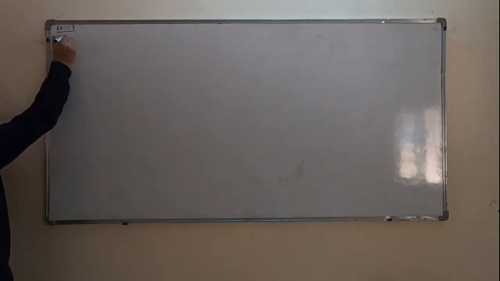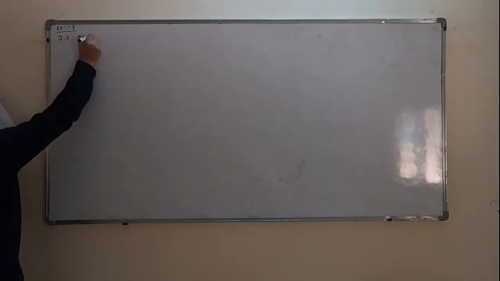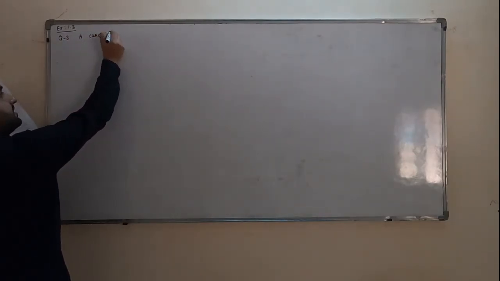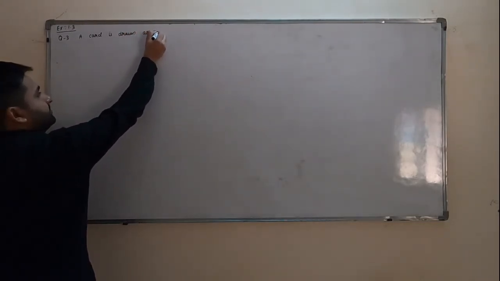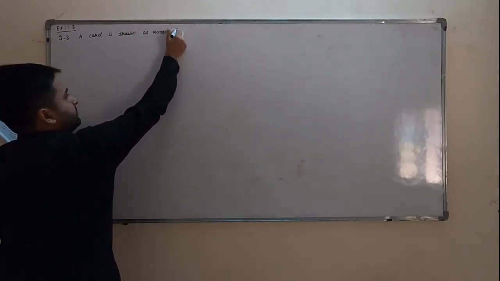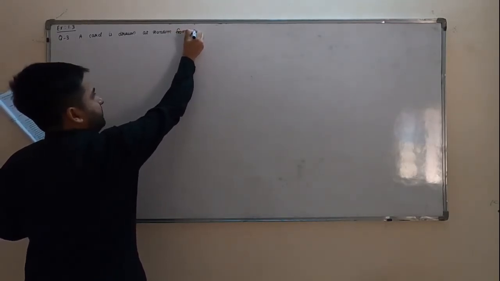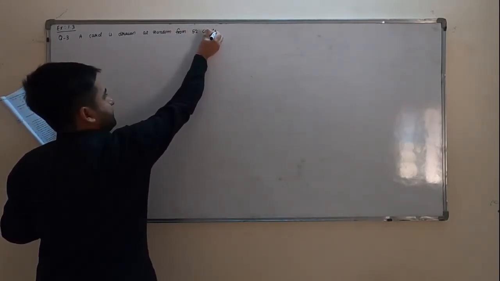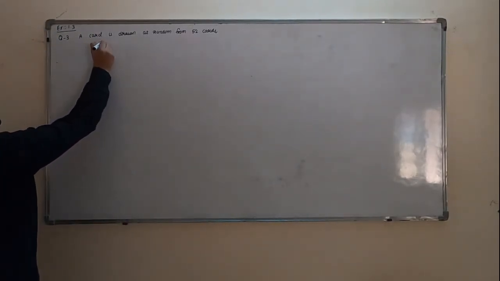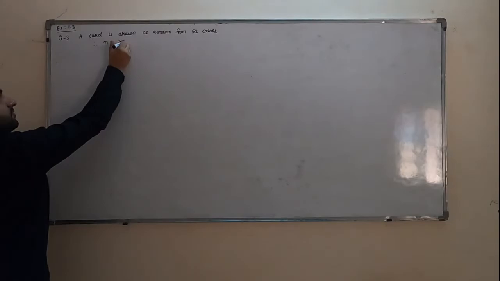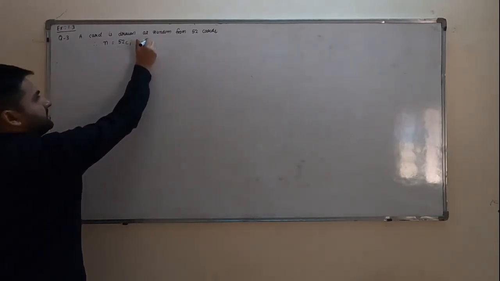Okay, now question number 3. A card is drawn at random from 52 cards, comma. In the next line, n is equals to 52, c1 is equals to 52.